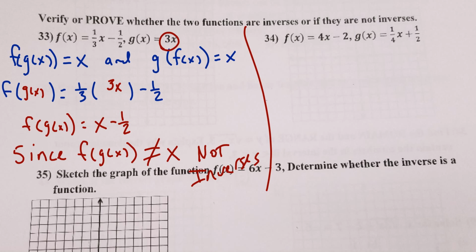So let's look at 34. So I'm going to do f of g of x equals x. So that's the first part. I'm going to put a question mark there because I'm not sure if it's going to be true or not. So I put f of big blank space equals 4 big blank space minus 2. So remember, I'm going to put in g of x.